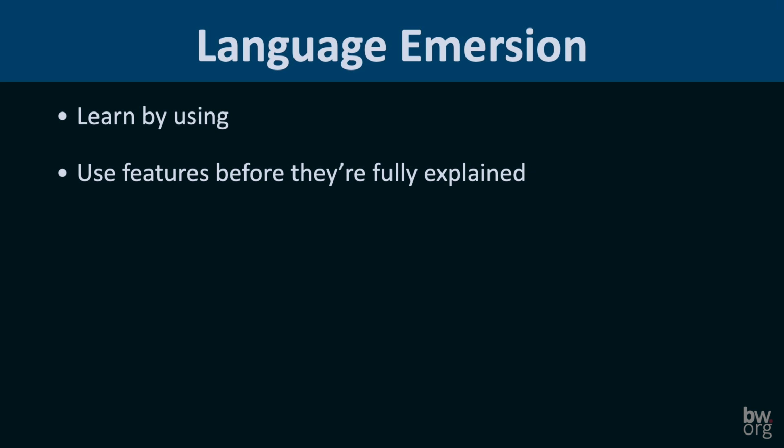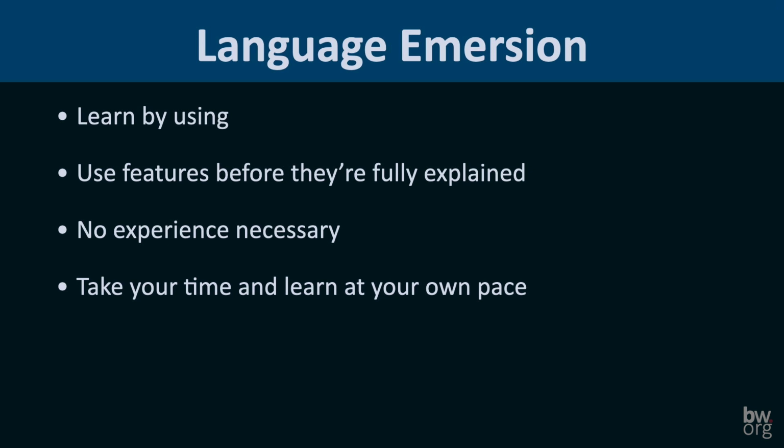These features will be explained in time. You do not need to have any previous programming experience to learn C++. In fact, back when I was first learning in the early 70s, my first language was C. Take your time, pause and rewind the lessons if you need to. There's no ideal pace to learn. Each of us is different. The best pace to learn is the pace at which you learn best.